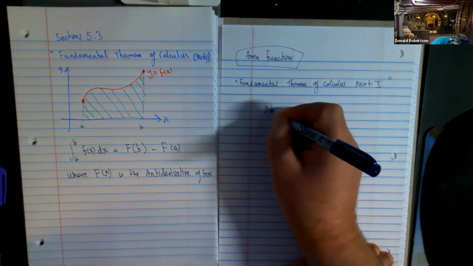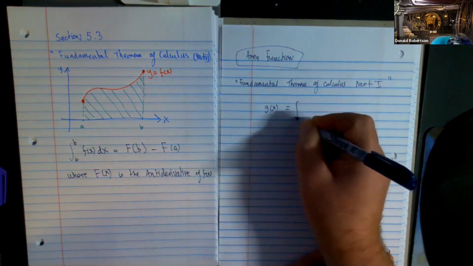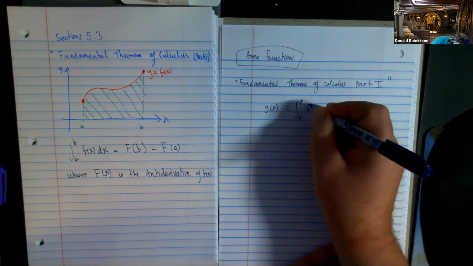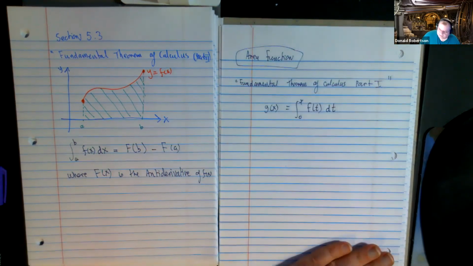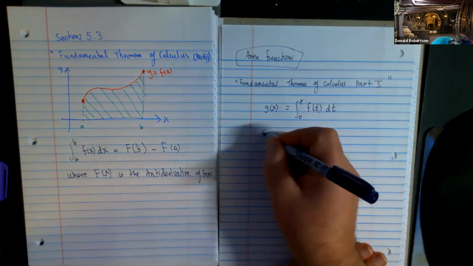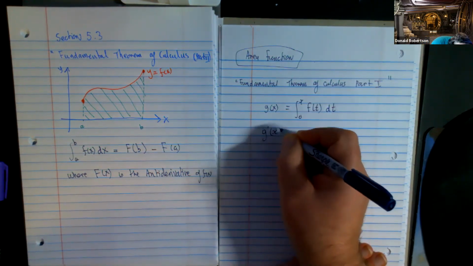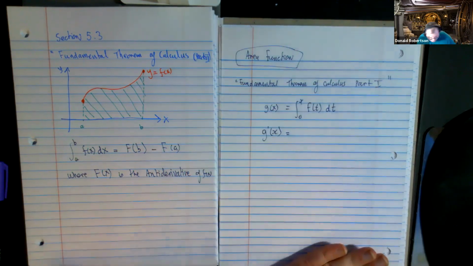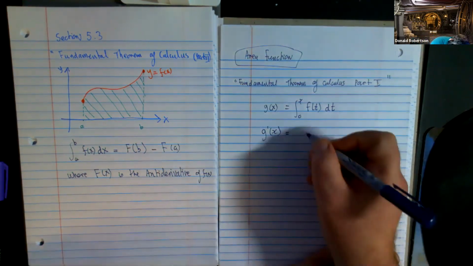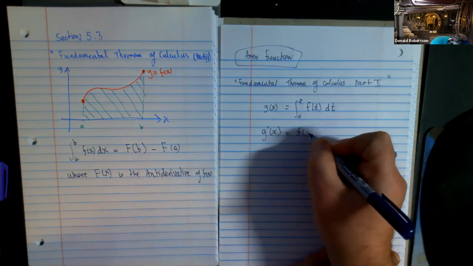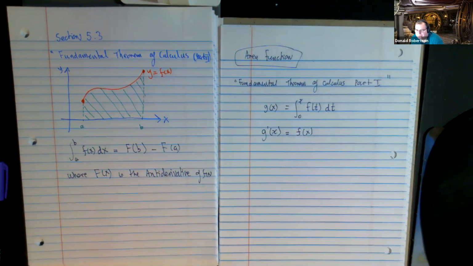Imagine that you have an area function, like that. The fundamental theorem of calculus, part 1, says the derivative of the area function is that guy. So you may say, what does that mean? Well, I'll show you.